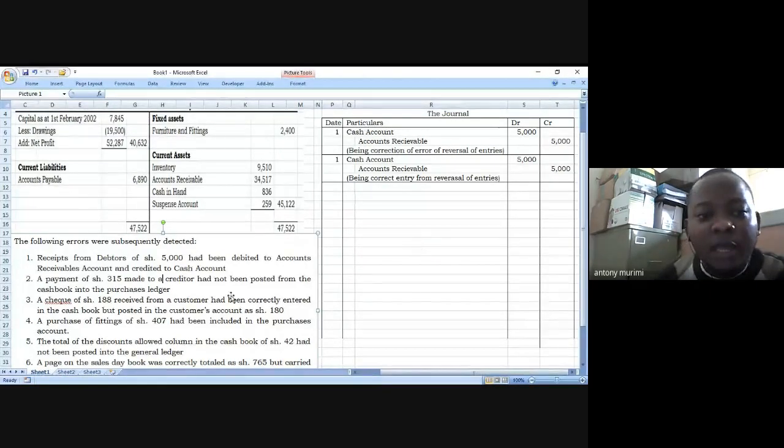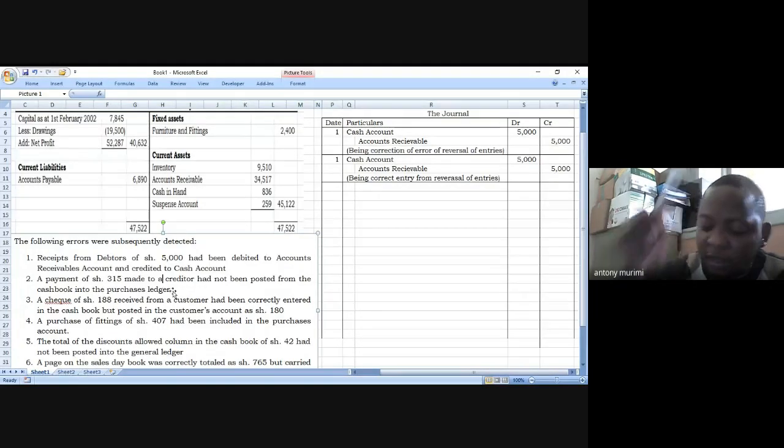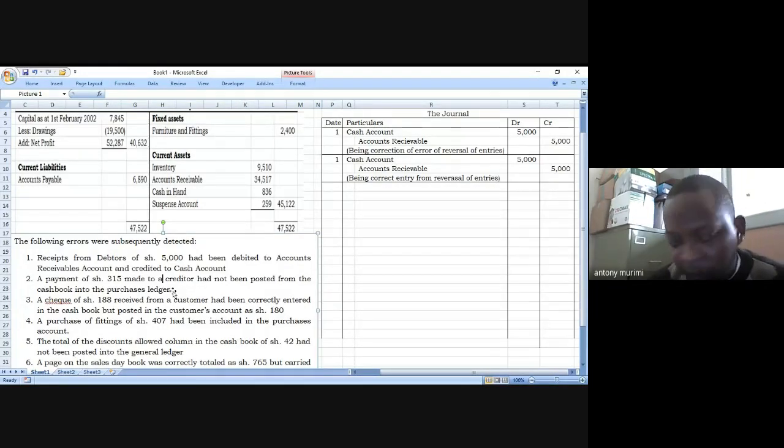Please refer to your notes. So the problem in this case is that the debit entry that should have been made in the creditor's account was not made. So this is a problem.